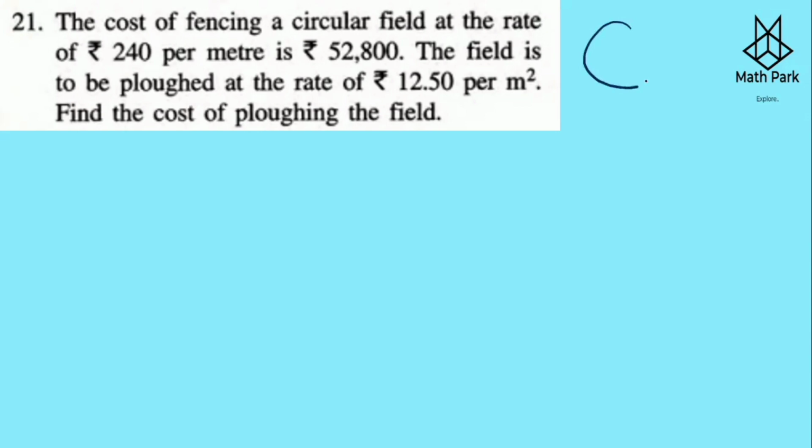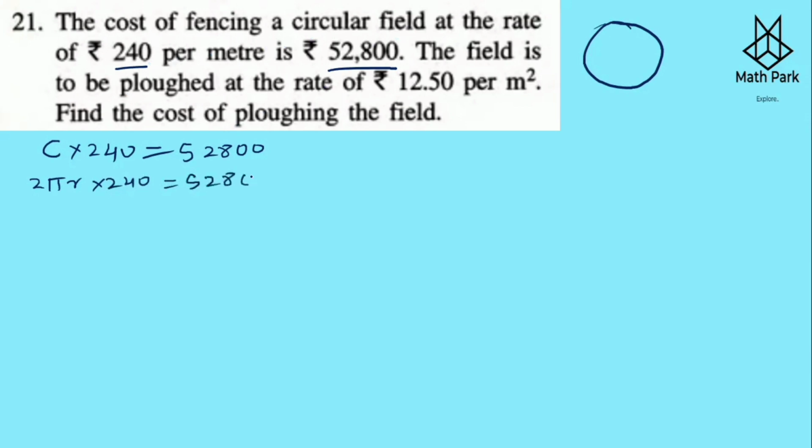Fencing a circular field. So circular field fencing means we need to know the circumference. So cost of fencing a circular field at a rate of 240 per meter. That means circumference multiplied by a rate, you get the cost which is 52,800. So circumference is 2 pi r times 240 is equal to 52800.